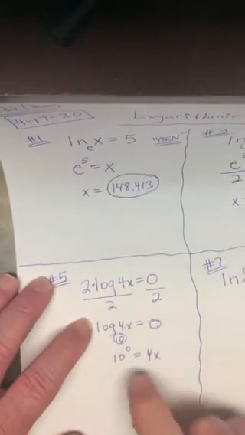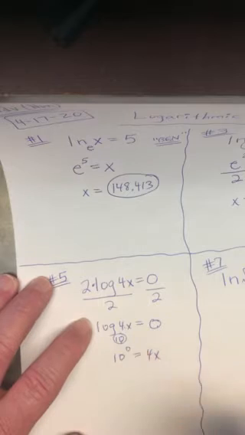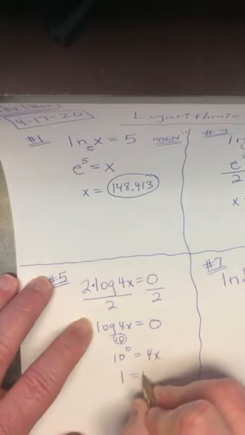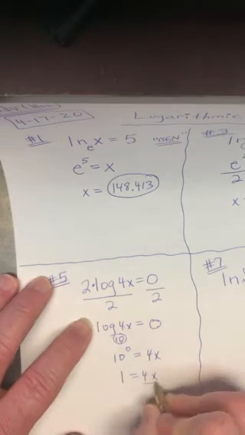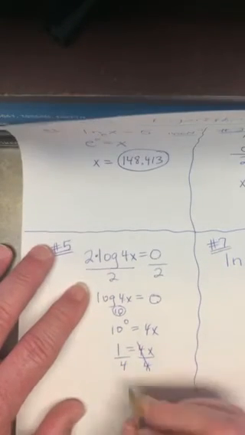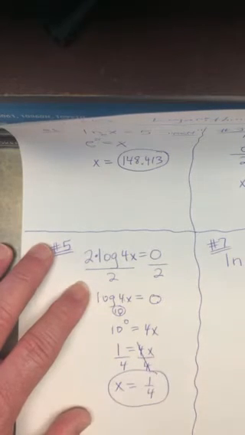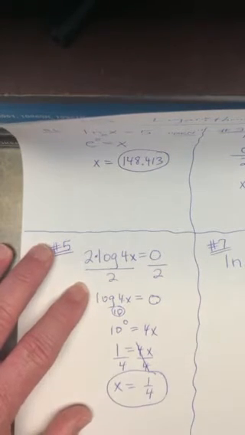Now careful. Anything raised to the 0 power is what? It's always 1, equals 4x. Oh my gosh. Divide by 4, the 4's cancel, and I did it. X equals just good old 1/4 for this. I didn't even have to touch my calculator.